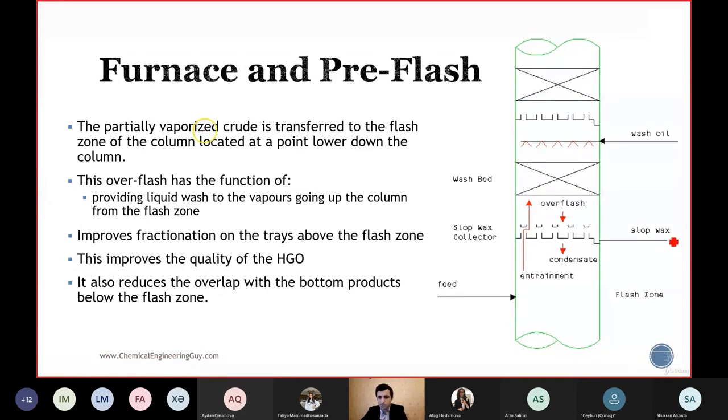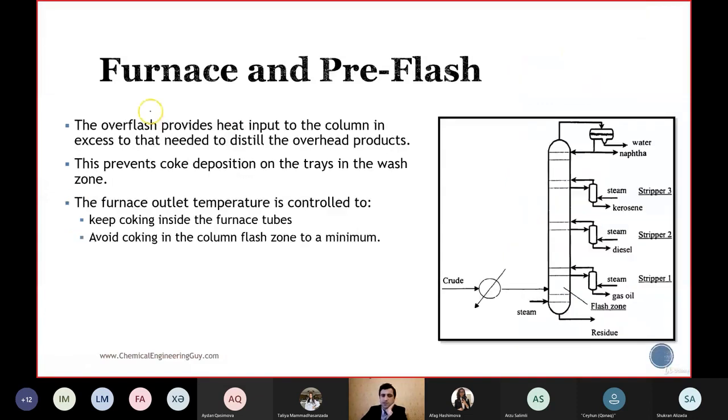So here vapor goes up, and the liquid comes down. The overflash provides the heat input to the column in excess to that needed to distill the overhead products. You can see that you have this distillation column, which we will talk about in detail later. Here we separate the naphtha, kerosene, diesel, atmospheric gas oil, and residue.